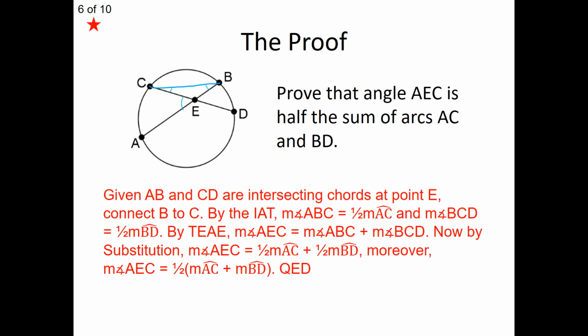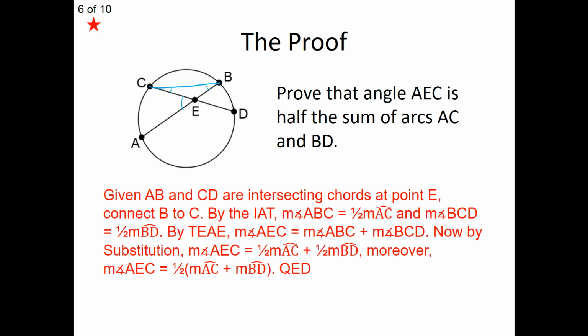So we have now the measure of angle AEC is half the measure of arc AC plus half the measure of arc BD. And moreover, we can simply factor out that 1/2, and we end up with the measure of angle AEC equal to half the sum of the arc it cuts and its vertical twin.